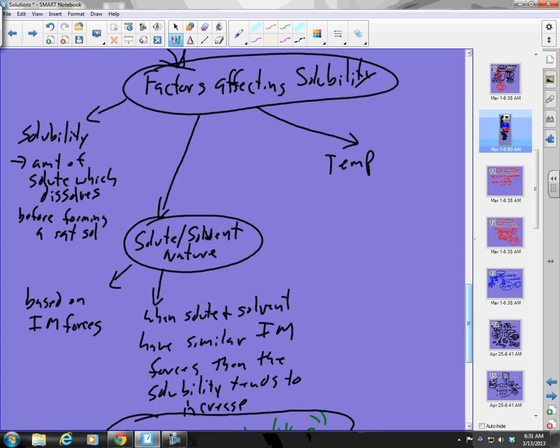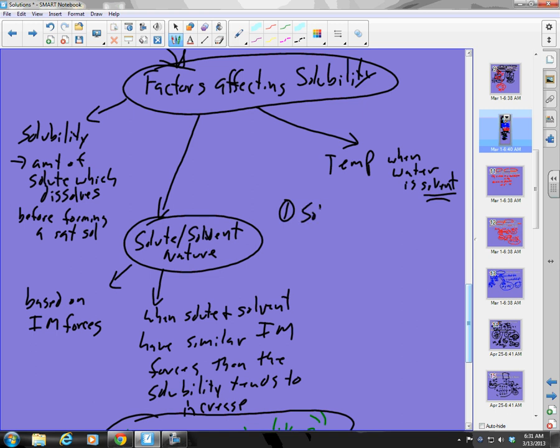The effect of temperature, and we're going to limit our discussion to the effect of temperature when water is solvent. So we just want to talk about water being the solvent and what happens when we change temp. Number one, the effect of temperature.